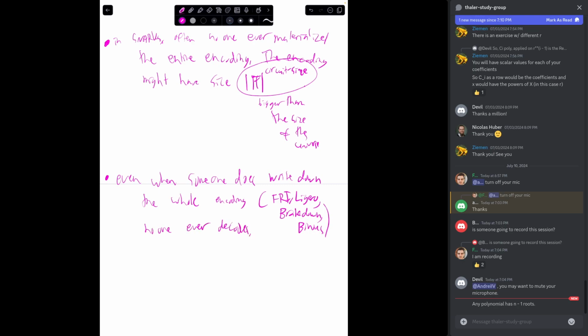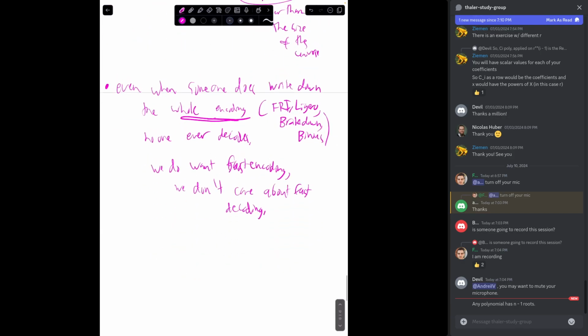So in this case we do want fast encoding, because the prover is going to have to write down a whole encoding, but we don't really care about fast decoding. And so it's sort of fun.